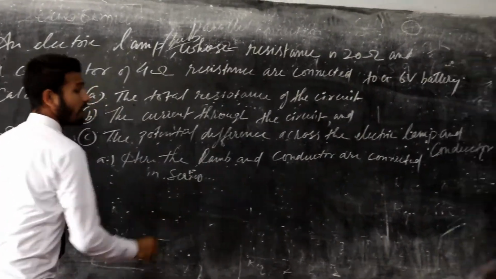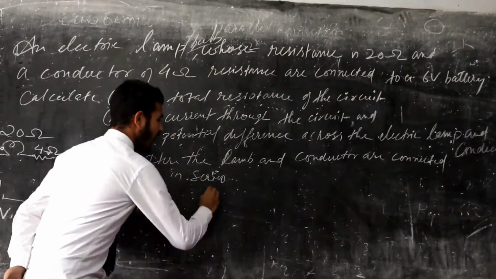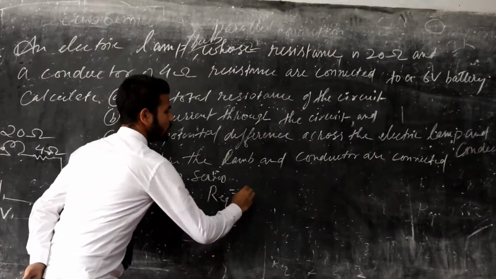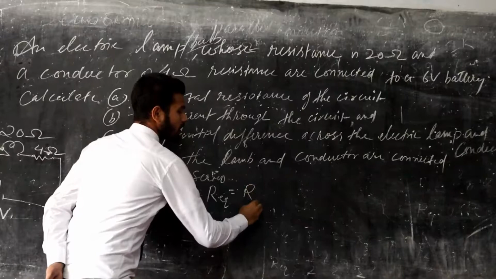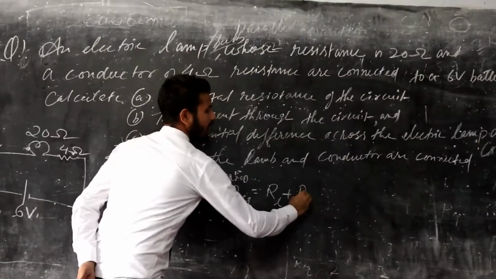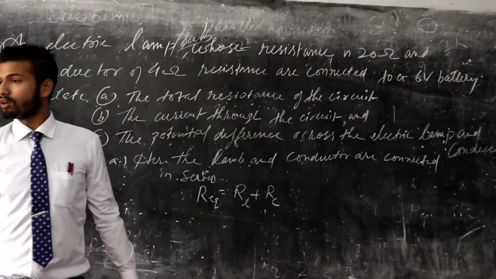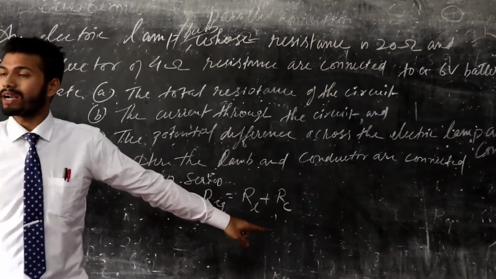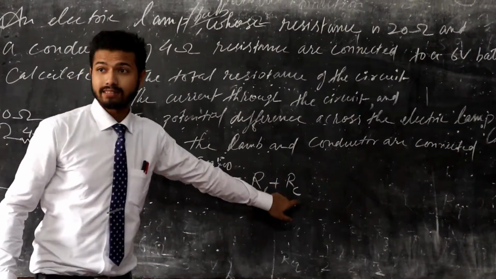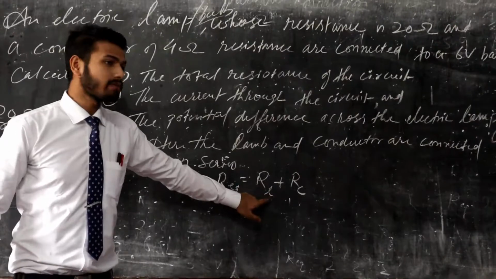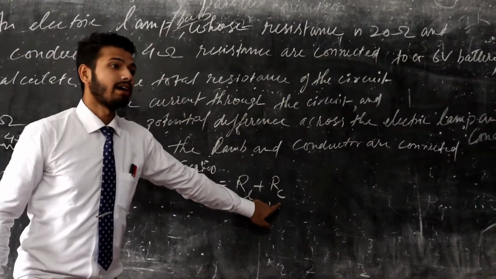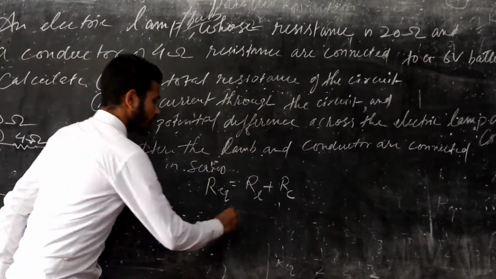Therefore, I can write that R equivalent is equal to the resistance of the lamp plus the resistance of the conductor. Look here, instead of using R1 and R2, what I use is RL plus RC. RL means the resistance of the lamp, plus the resistance of the conductor. That is what we do.